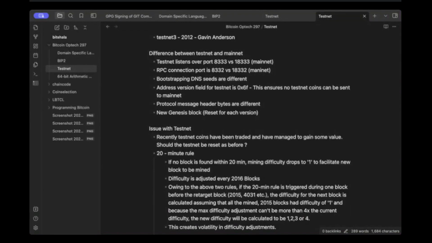The protocol message headers are also different, which again ensures that you don't mix up the networks. And the genesis block of testnet is obviously different from that of mainnet. New genesis blocks are created when we reset the testnet. Whatever Testnet 3 we are using now, its genesis block was created in like 2012.